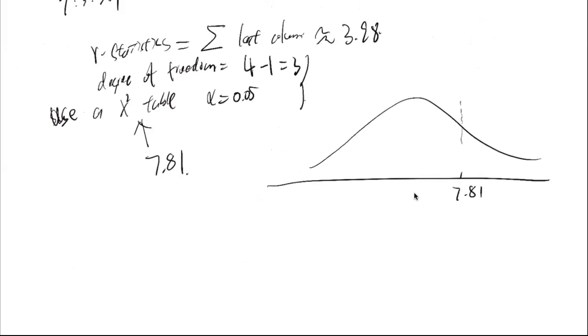The critical value is always the boundary of the rejection zone, so the area on the right will be our rejection zone. But clearly, our test statistic 3.98 doesn't fall into the rejection zone. So we don't have enough information, and we cannot reject our null hypothesis.